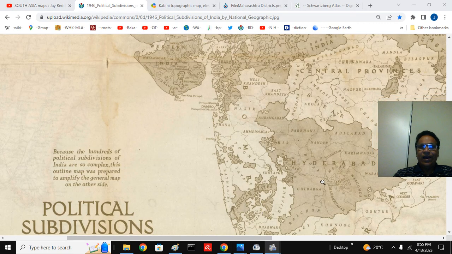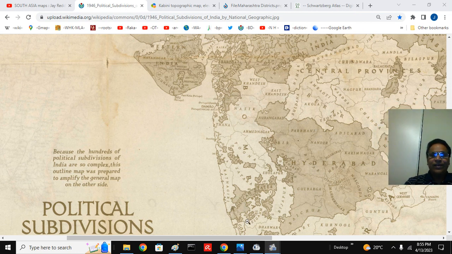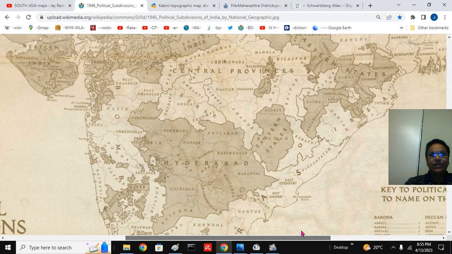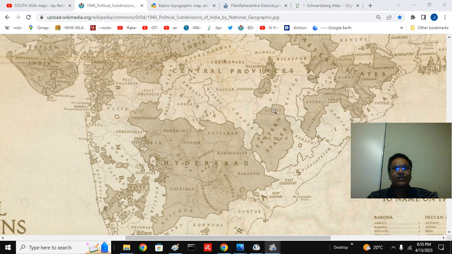This is the Hyderabad princely state, and Berar technically part of Hyderabad, even though it was trust territory given to the East India Company, and later the British Raj. And the Vidarbha region and this Desh territory, the measure of these princely states, we discussed further.